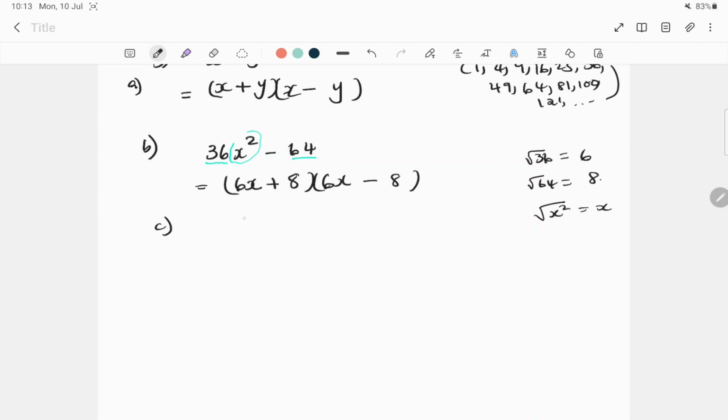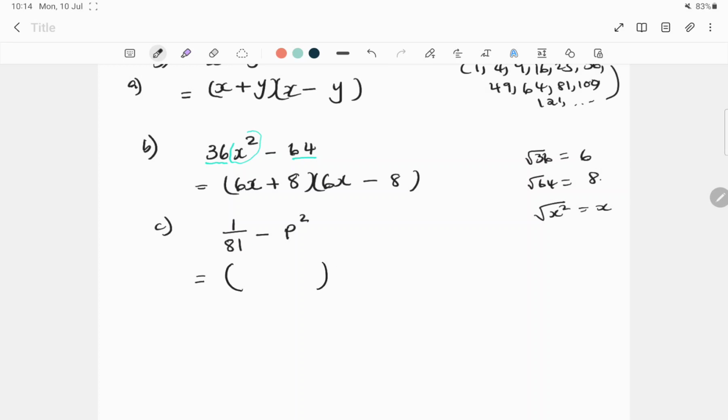Let's try this one. 1 over 81 minus p squared. Also is difference of two squares. I can see the 81 and the 1 and the p squared. These are perfect squares. Don't be afraid of the fraction, guys. Please.